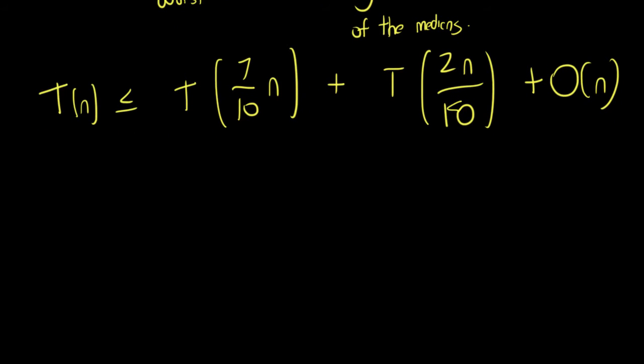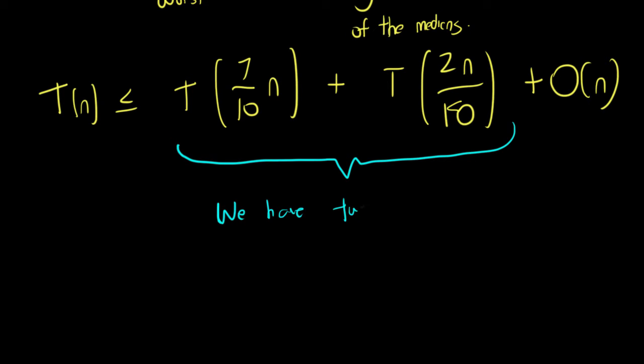So what issue do we have? Now, if you were watching the earlier videos, the ones where we were looking for the initial pivot, the one we're going to be picking randomly, the problem here is that we have two problems. This does not fit the master's theorem.